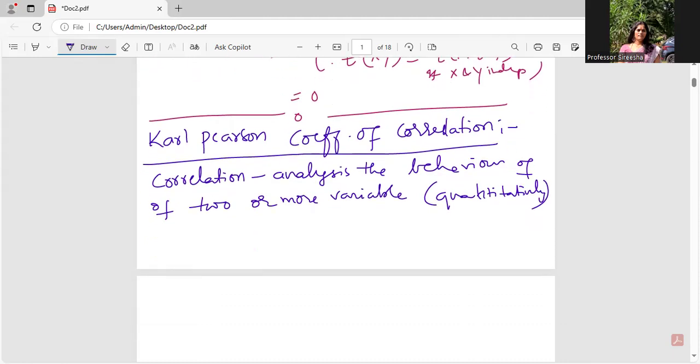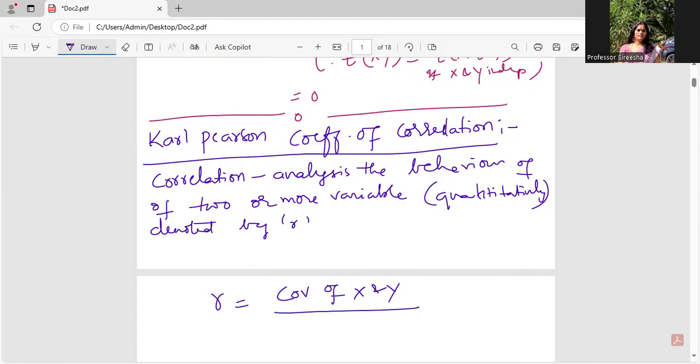It is denoted by small r. Okay. How is r defined? As covariance of x and y by standard deviation, SD is the shortcut for standard deviation, standard deviation of x into standard deviation of y.